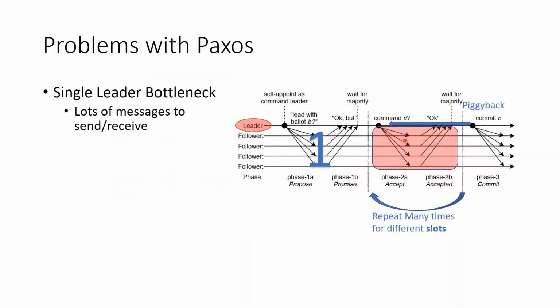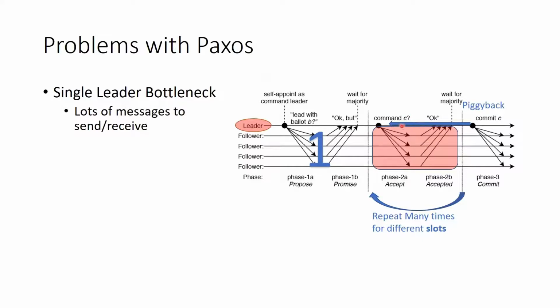Unfortunately, this still has some problems for Paxos. Mainly, we have this single leader that talks to many nodes. The single leader is going to broadcast the message to all these followers. And it will also receive individual messages from every one of the followers saying, hey, we accept your value, you're good.